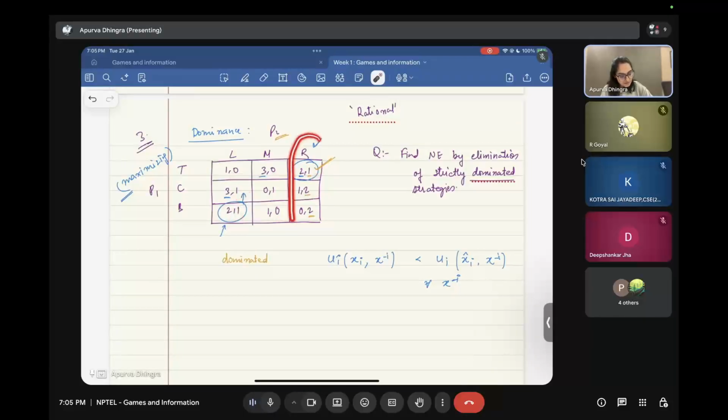Meaning R is actually the preferred choice for player 2 if he was being rational, if he was trying to maximize his utility. Which is like saying these two are the strategies which are dominated.